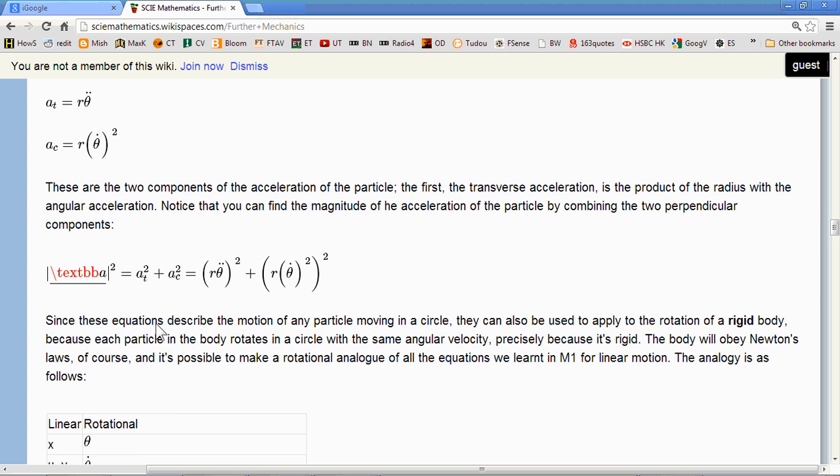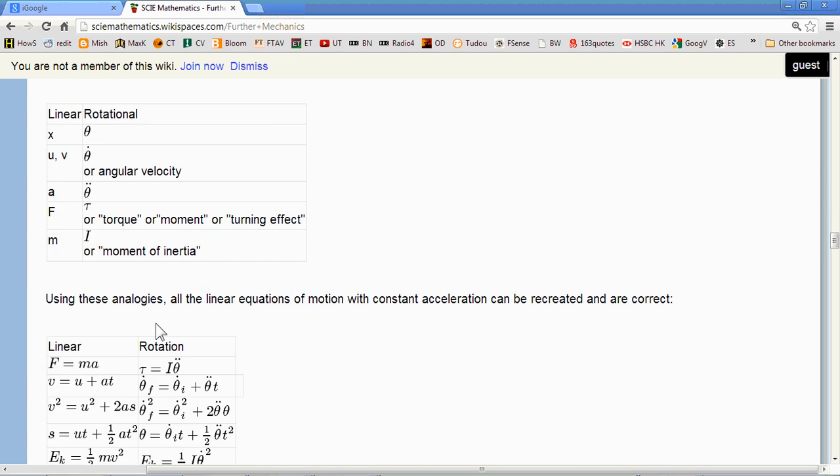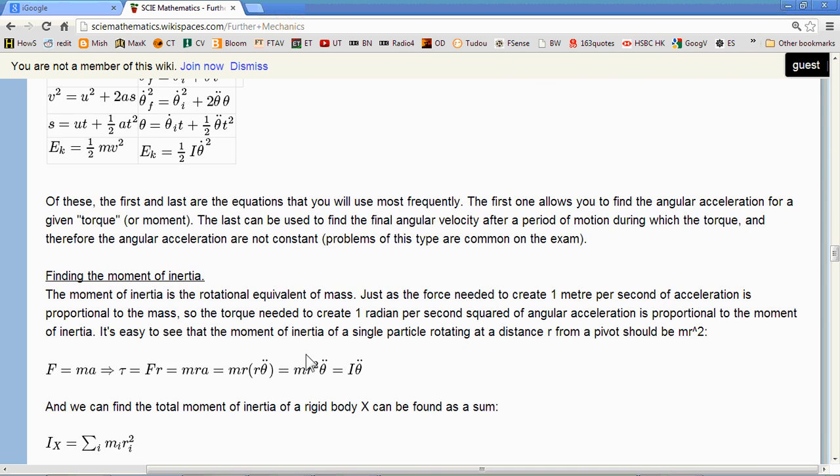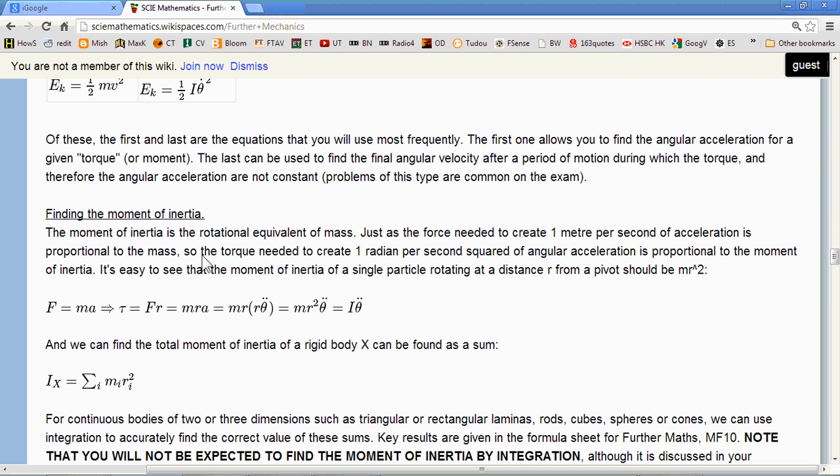This might definitely be worth reviewing if you don't know it. But today we're focusing on the concept written here as I, or moment of inertia. So what is moment of inertia? That section starts here. The main concept is to think that just as we have mass to describe the property of a body which resists changes in acceleration, your physics teacher will tell you, strictly speaking, that concept is inertia.